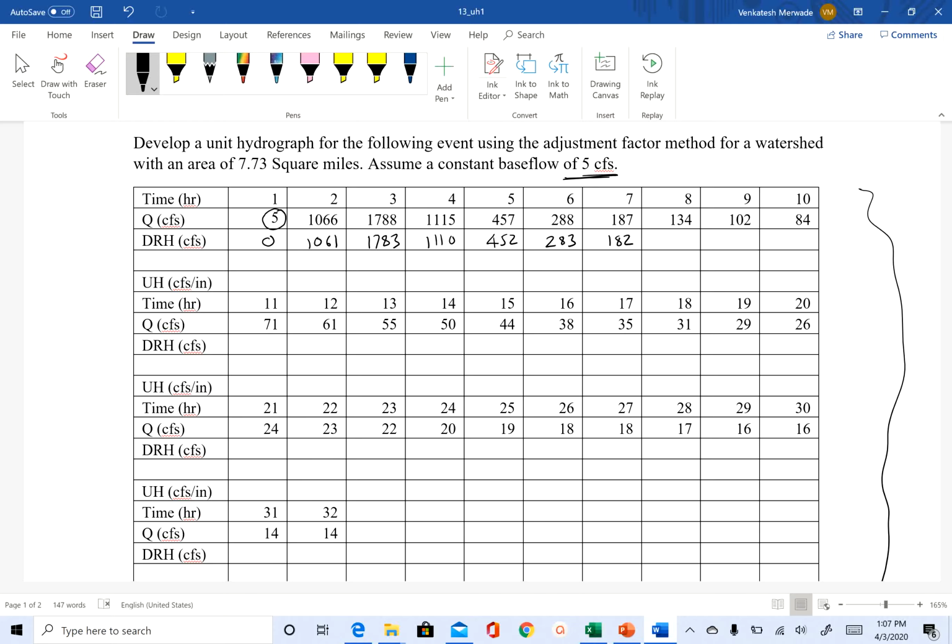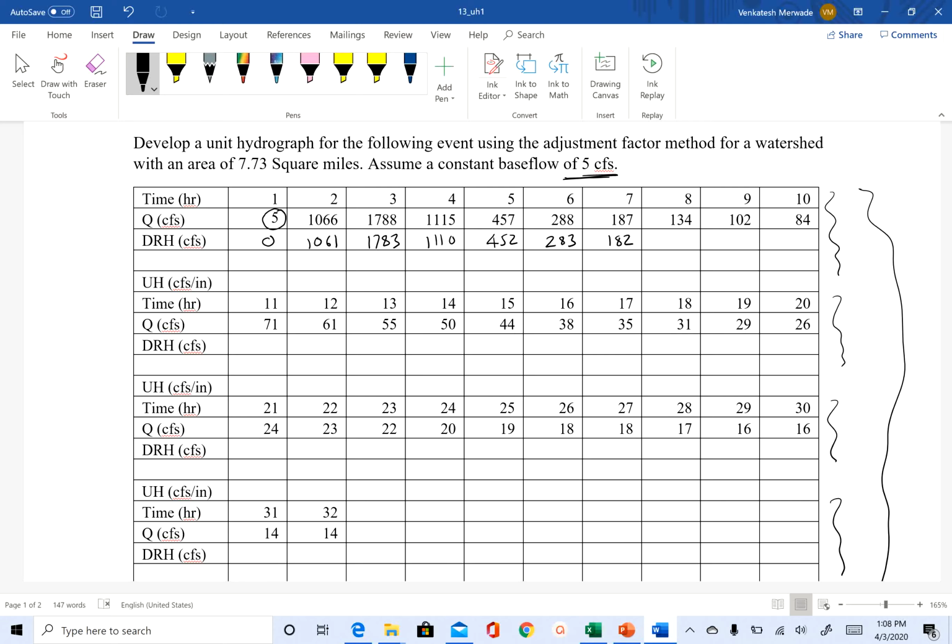So this is our first row, second row, third row, and fourth. Okay, so you can do the rest. So all we are doing to get the direct runoff hydrograph is to subtract a constant value of 5, which is the base flow, to get the direct runoff ordinates. So once you do that, you will get the direct runoff hydrograph values.